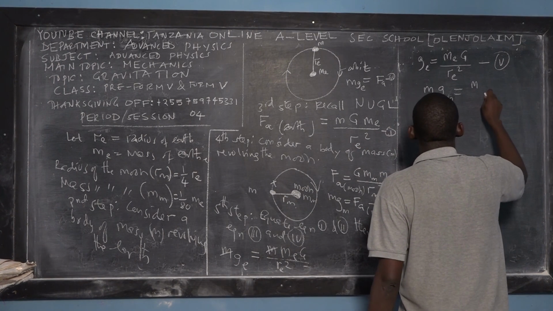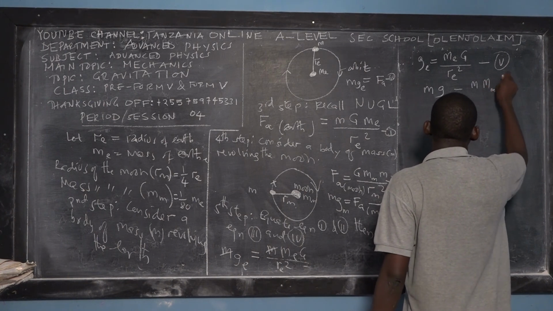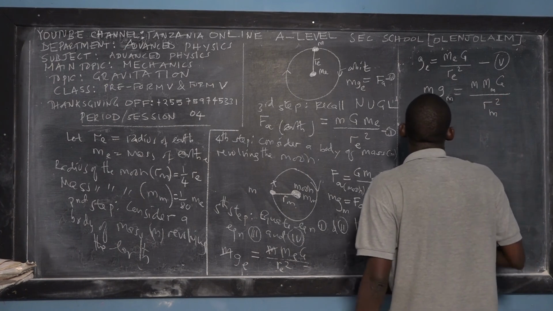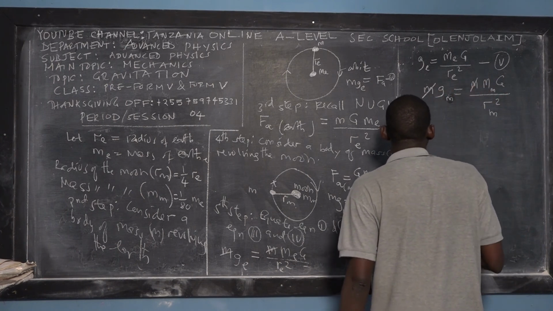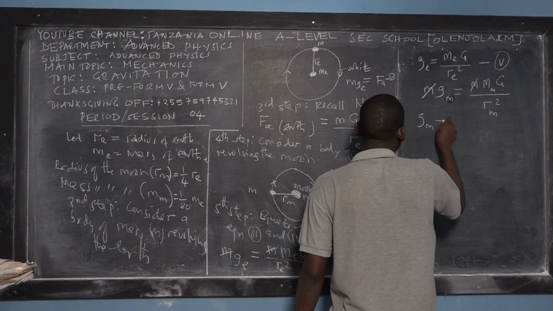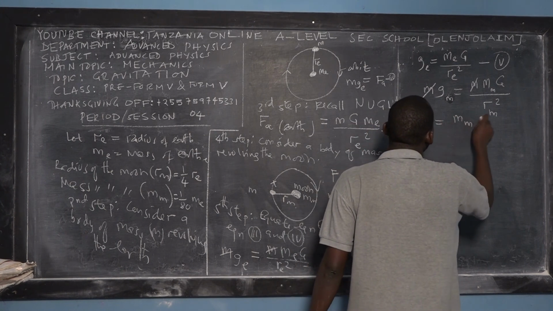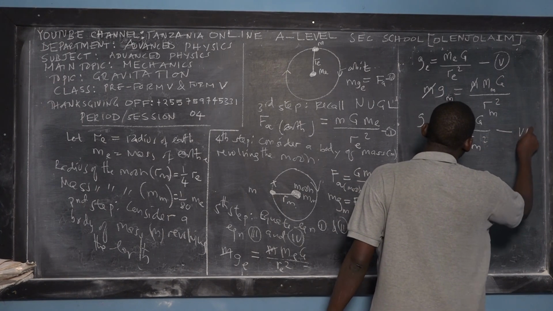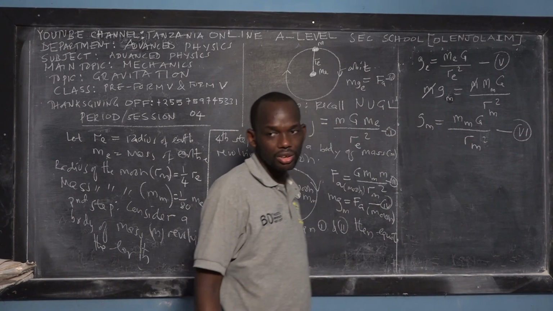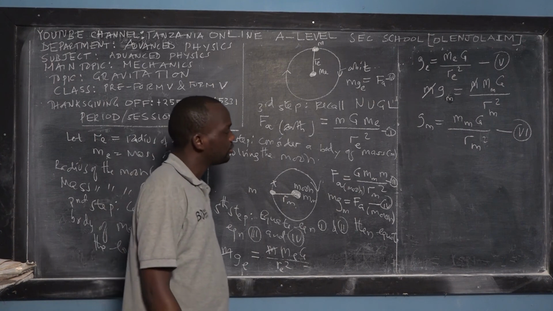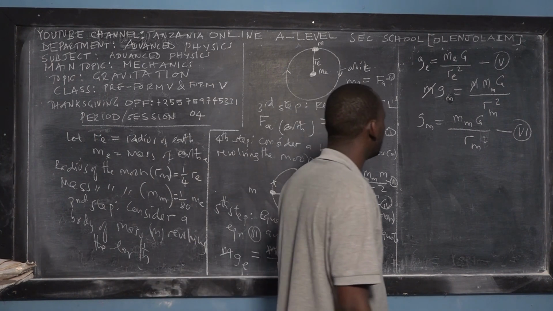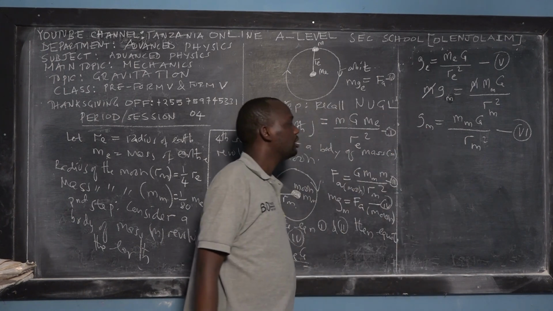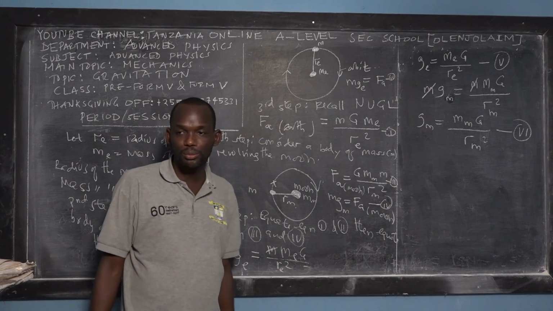We have mass of the body, mass of the moon, times gravitational constant, over radius of the moon squared. So mass of the body cancels. So acceleration gravity on the moon surface is equal to mass of the moon, gravitational constant, over radius of the moon squared, and this is equation 6. I think you still enjoy it, but I don't know if you have got it. The question was asking us to find the acceleration gravity on the surface of the moon.